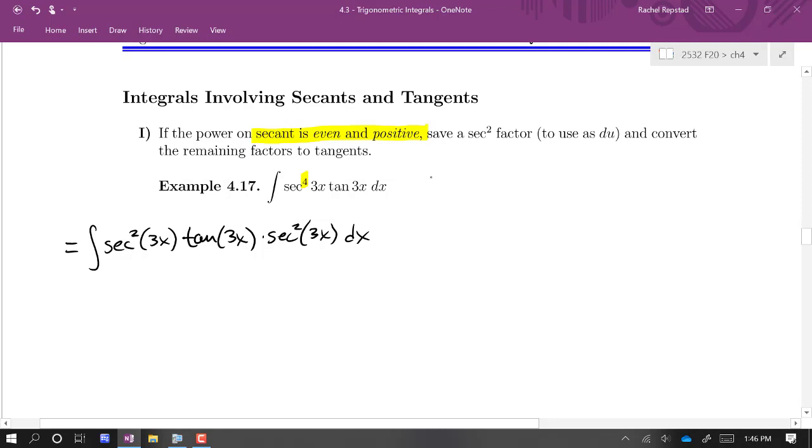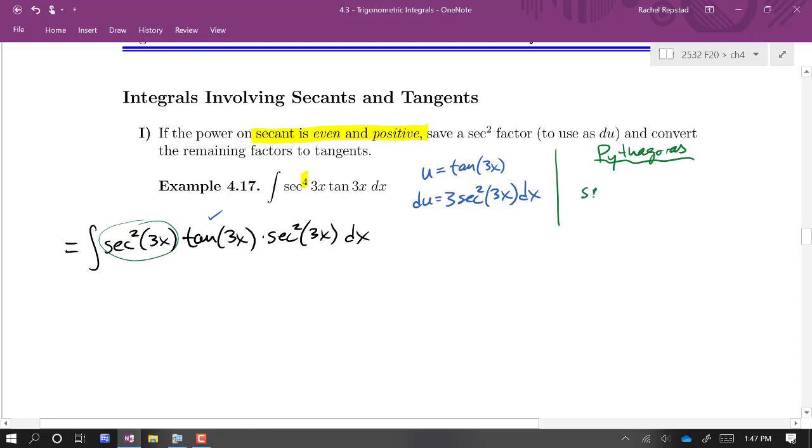U is equal to tan of 3x, so du is 3 times secant squared 3x dx. So I want the rest of this function written in terms of tangent. The factor of tangent in the middle I'm pleased with, but we have to do something about this secant squared.